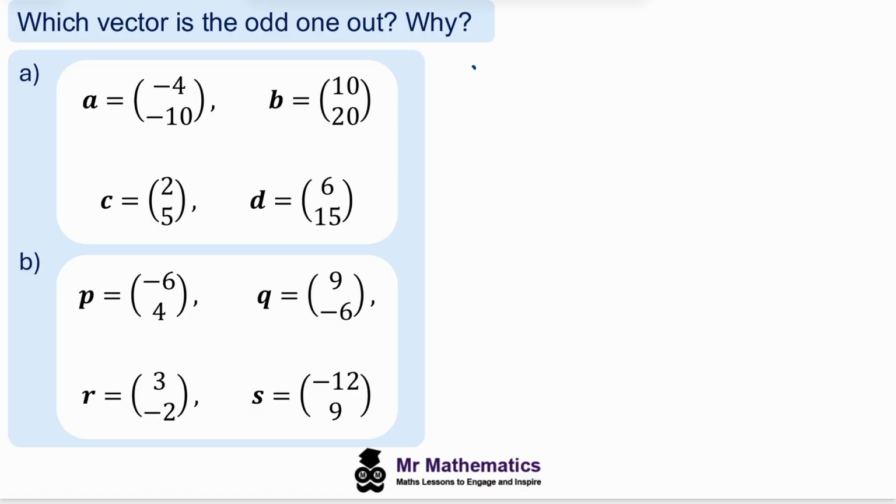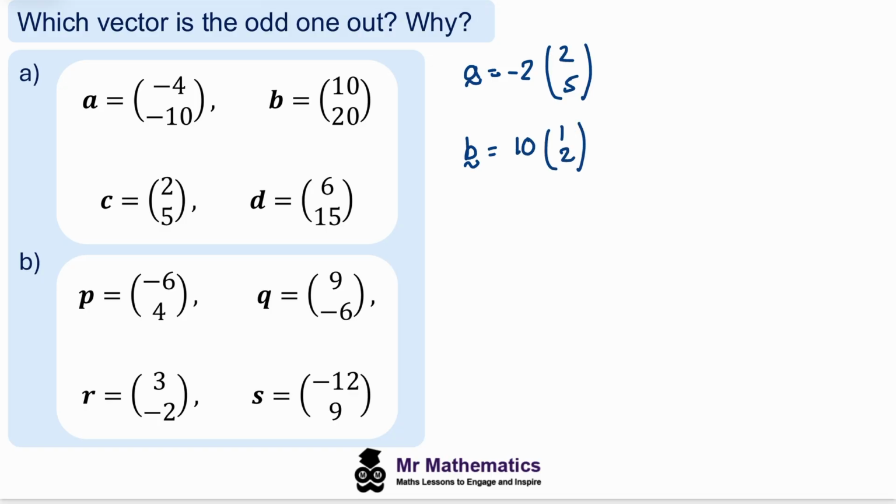So for vector A, we can take out the factor of -2, which goes into both -4 and -10. Then we'll have +2 and +5. For vector B, we'll take out the highest common factor of 10, and we'll have 1 and 2.